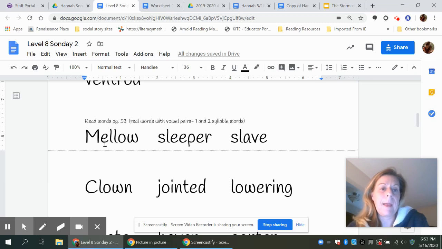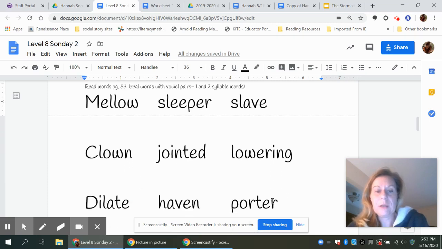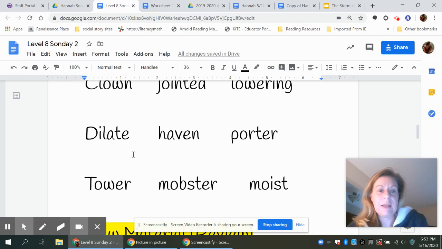So here we go. Mellow, sleeper, slave, clown, jointed, lowering, dilate, haven, porter, tower, mobster, and moist.